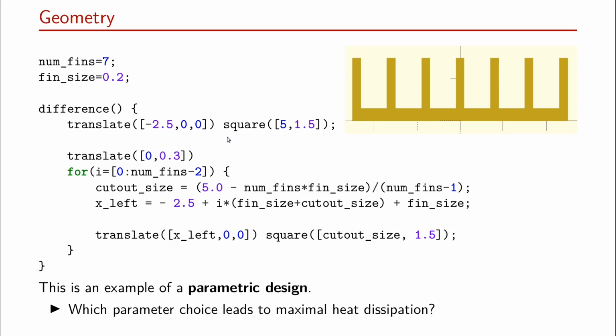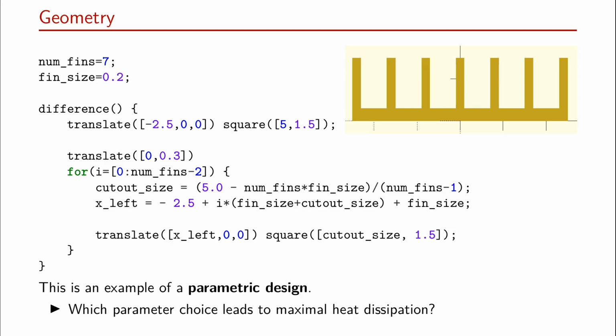Okay, so this is going to be our computational domain. So we start from a square, and then we will cut out different things from that square which are not part of the domain that we actually want to run the simulation in.